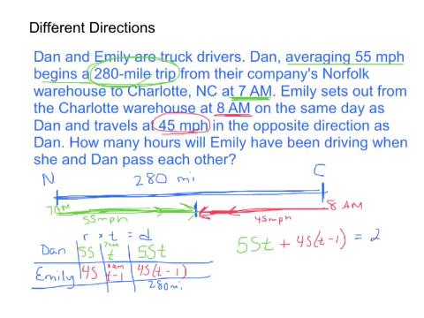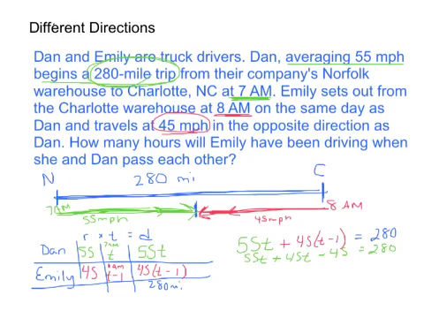In other words, 280 miles. If I distribute, I get 55T plus 45T minus 45 is equal to 280.